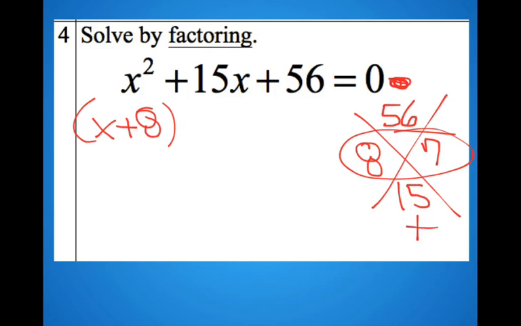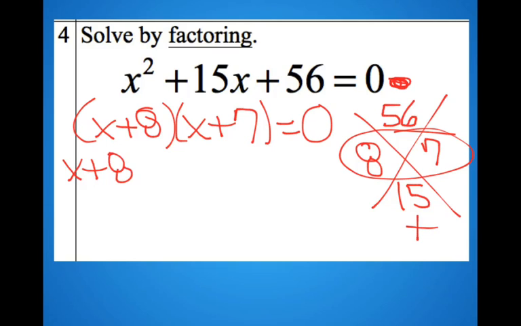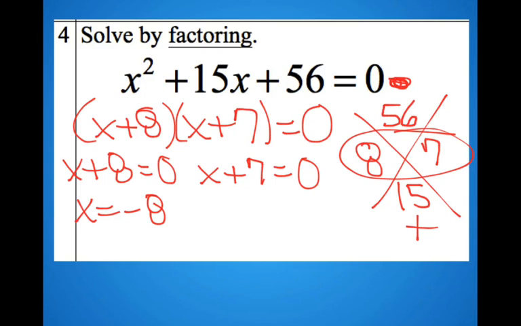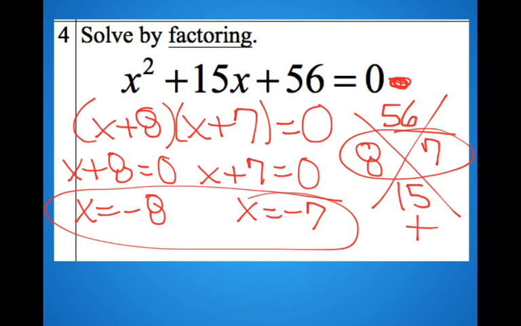So x plus 8 and x plus 7, set that equal to 0. And then each of those factors set equal to 0, so you can solve for x. So x equals negative 8, and then this one is going to be x equals negative 7. So 2 good answers.